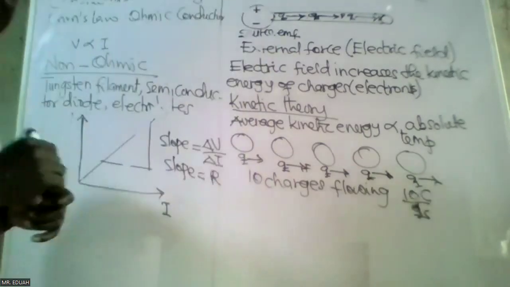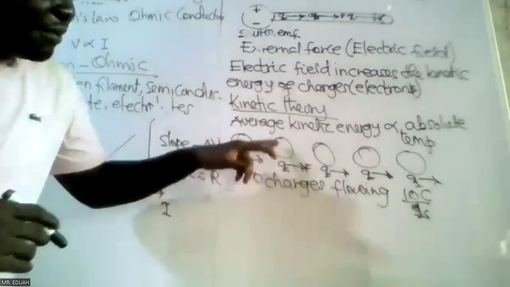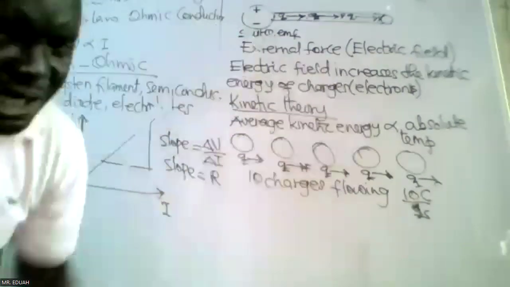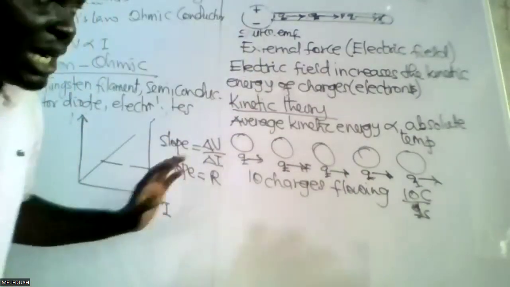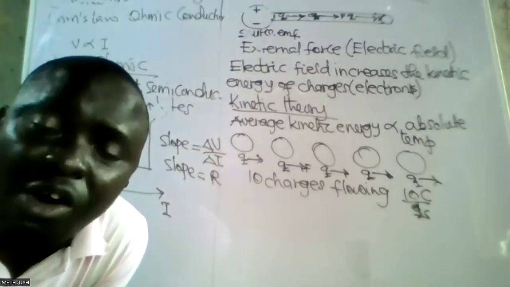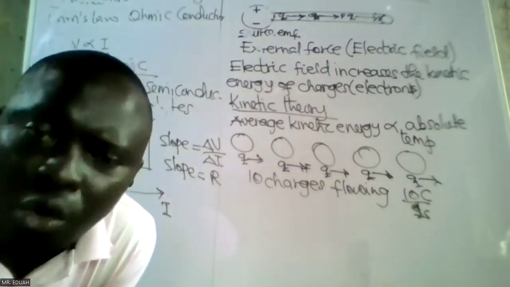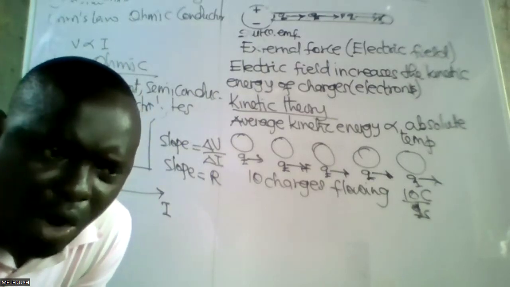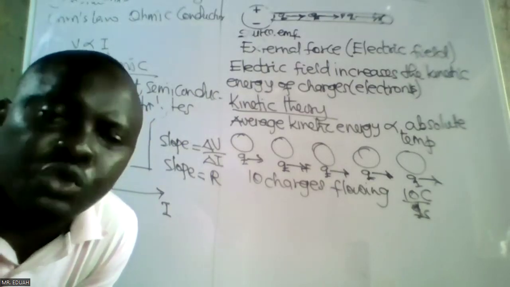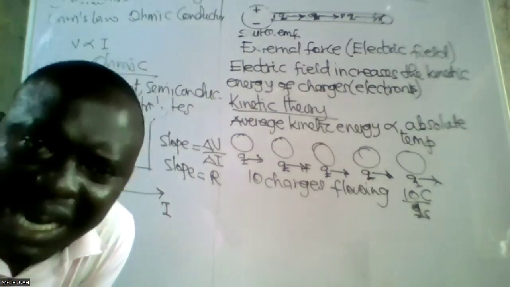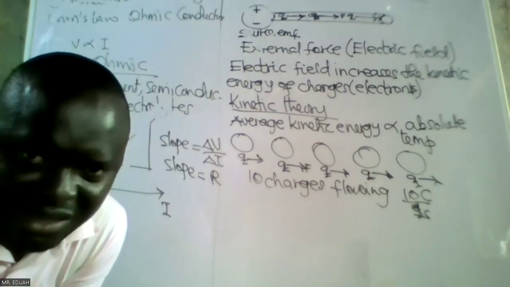But when, as a result of the vibration of these atoms, some of the charges are knocked off and don't get to their destination, it means we have reduced the number of charges flowing. And the moment something causes the charge flow to reduce, we have lesser conductivity, and that is resistance.